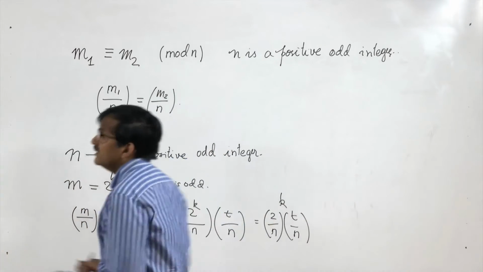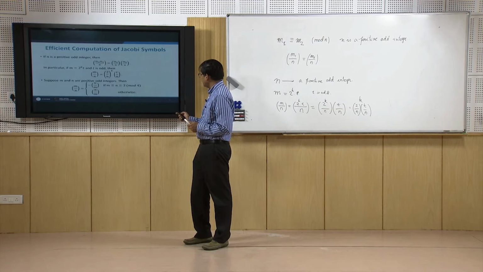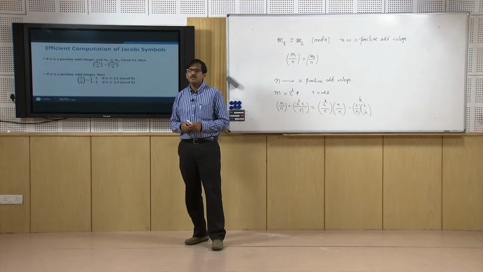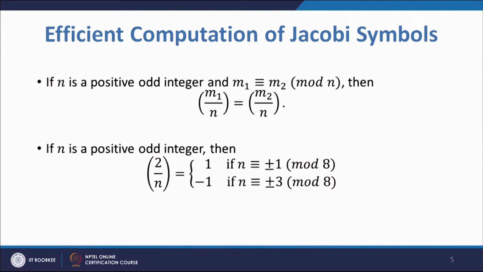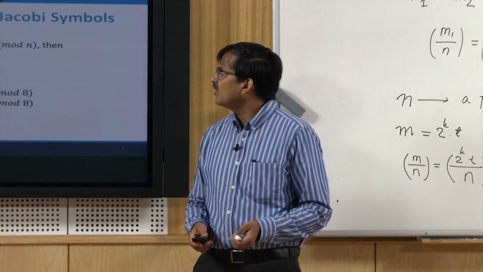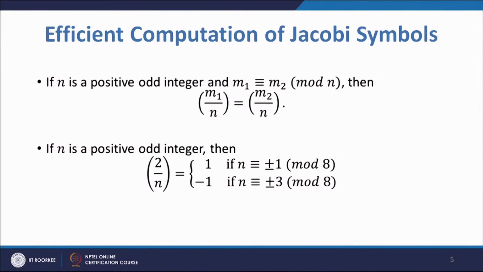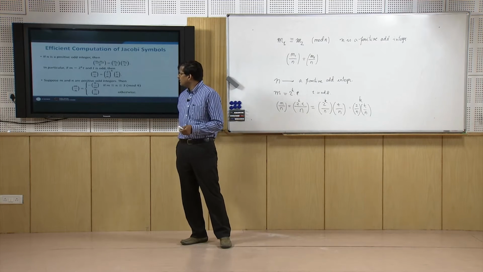Now this first factor can be determined very quickly by using the second property that we discussed in the previous slide, that is the Jacobi symbol of 2 modulo n is 1 or minus 1 depending on whether n is congruent to plus minus 1 mod 8 or plus minus 3 mod 8. So, we can take care of this part in that way.